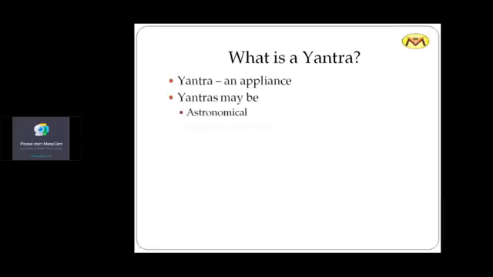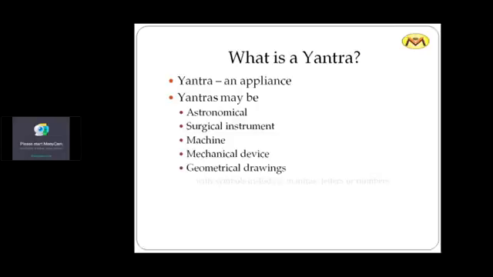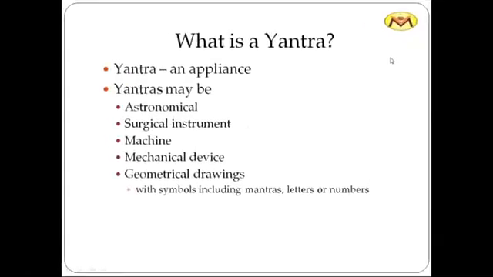Before we go to that, I'll just give you a glimpse of the different types of yantras that were used. Some famous astronomical yantras we can see in places like Jantar Mantar in Delhi and Jaipur, where there are a lot of astronomical instruments which were used for astronomical calculations, movement of celestial bodies and things like that.